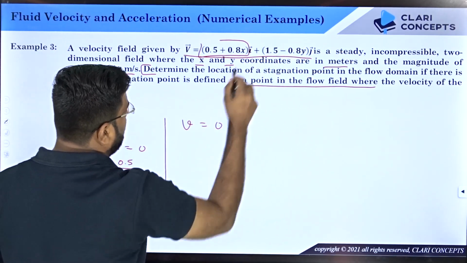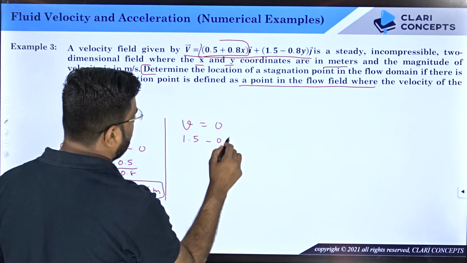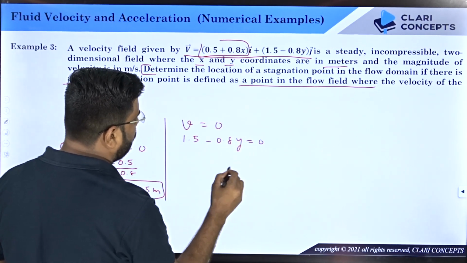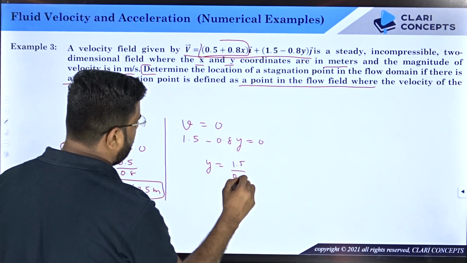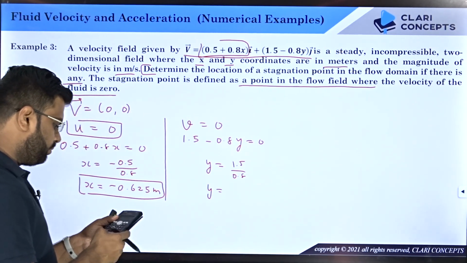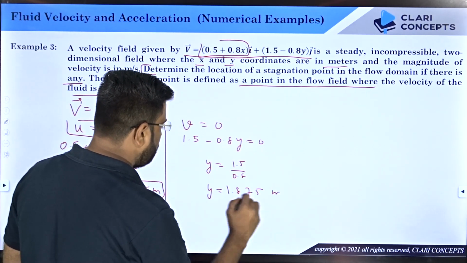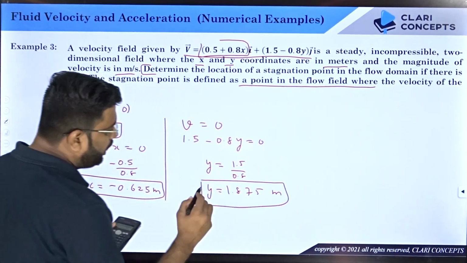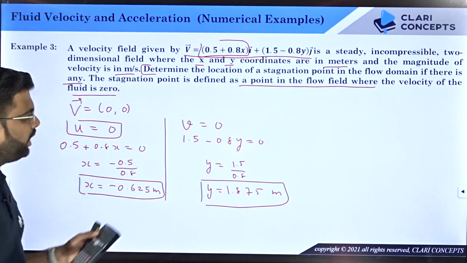I will equate the formula of v, that is 1.5 minus 0.8y, to 0. So y is equal to 1.5 divided by 0.8, and therefore y is equal to 1.875 meters. So what does this mean? At all the points in the flow domain where y is equal to 1.875, v is equal to 0.